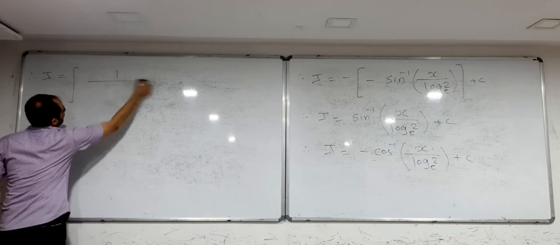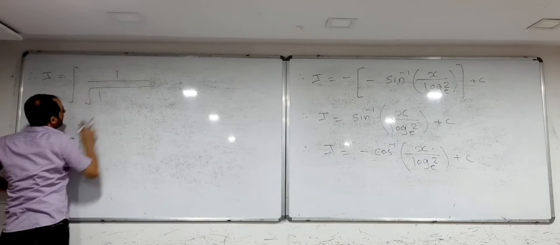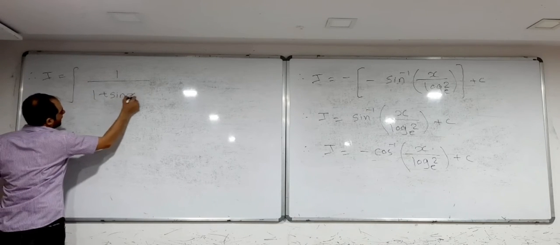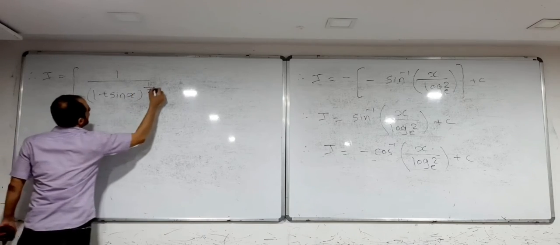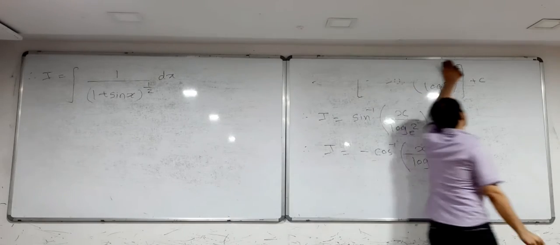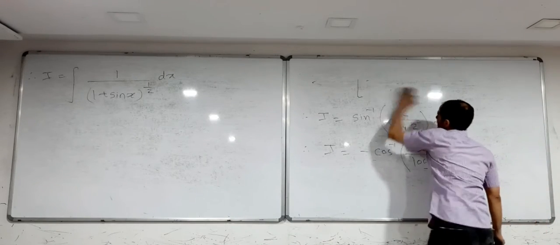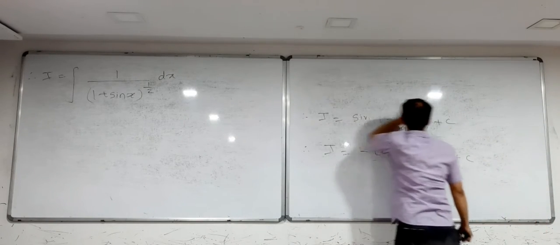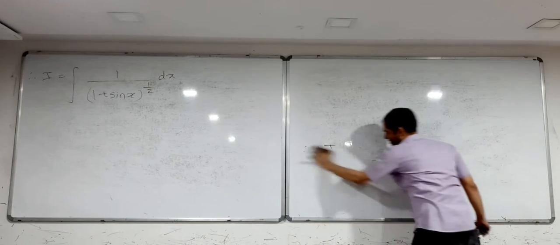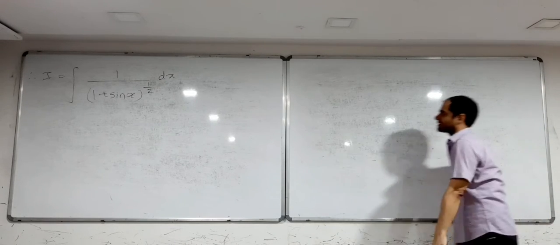I is the integration of 1 upon square root of 1 plus sin x, or 1 plus sin x raised to half, dx, where 0 less than x less than pi by 2. This is mentioned, so write 0 less than x less than pi by 2.